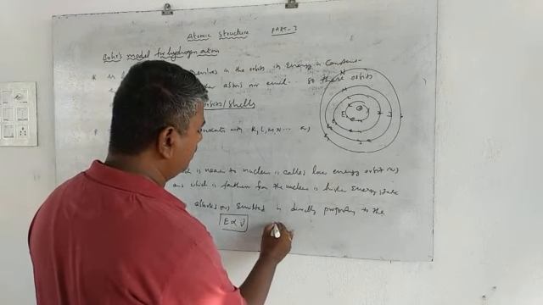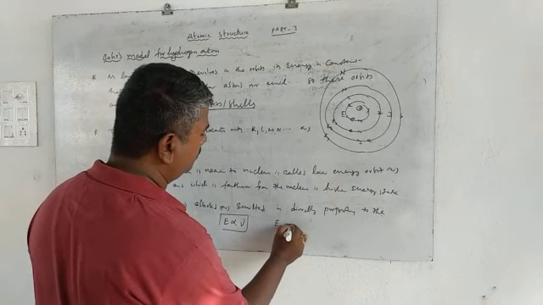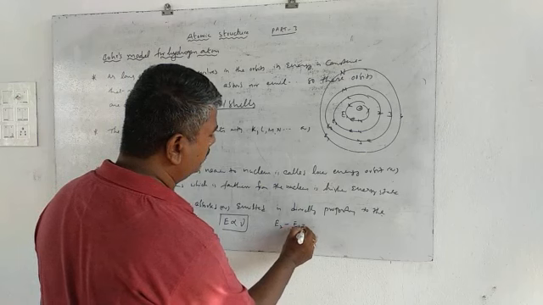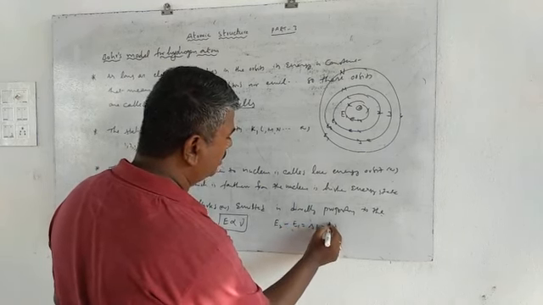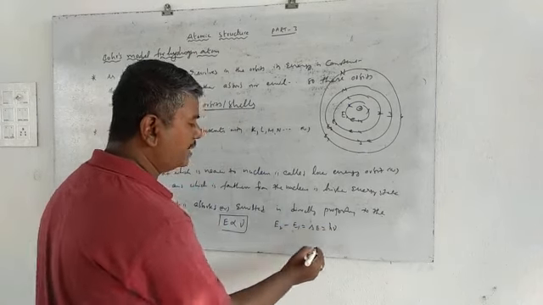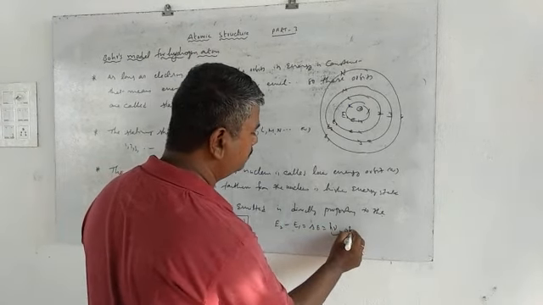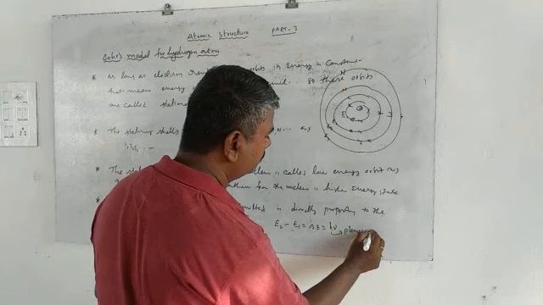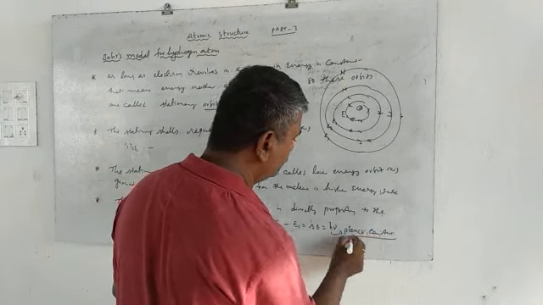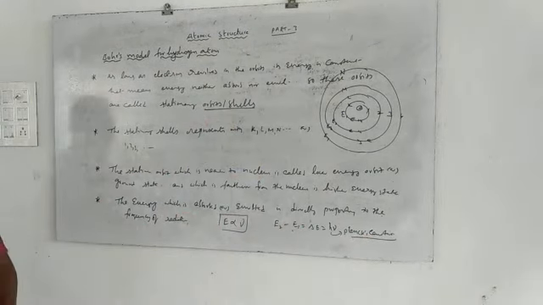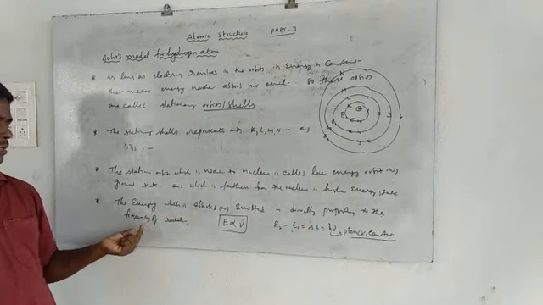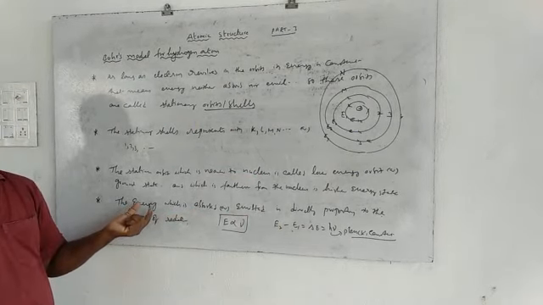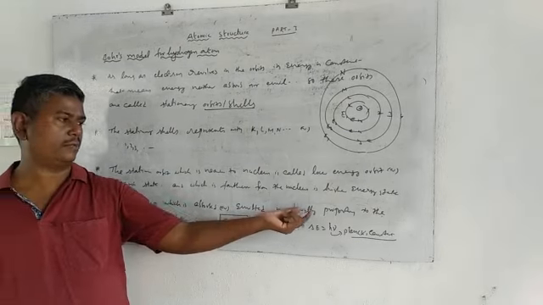That means when an electron jumps from the high energy level E2 to E1, ΔE equals which one? hν, where h is called Planck's constant. Which one? Planck's constant. It means the energy absorbed or emitted. Which one is absorbed here? The electron.